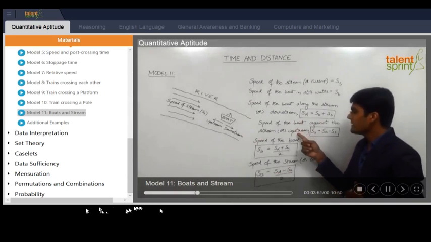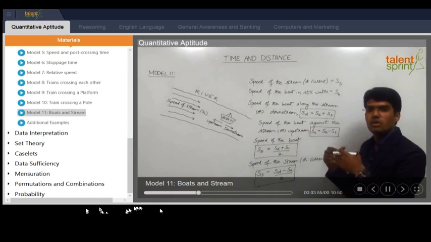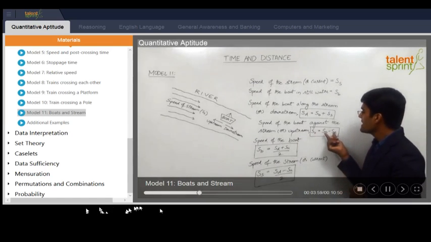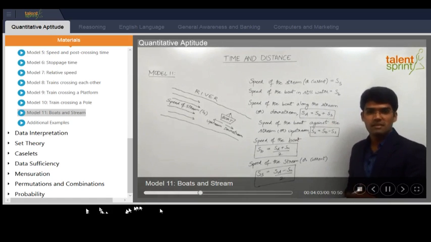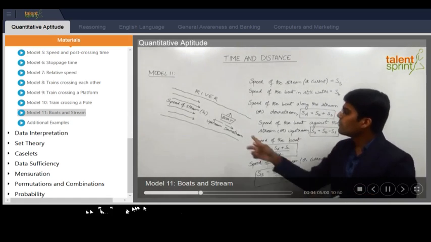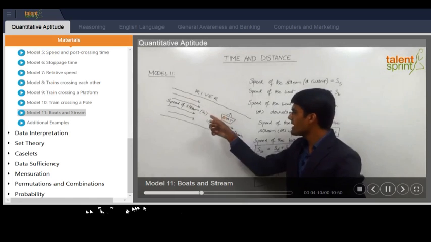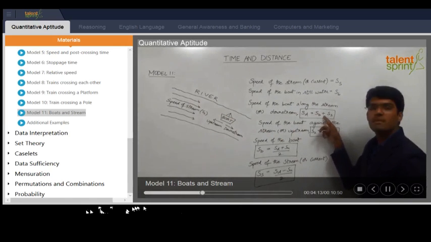But in this case, when the boat is moving upstream, that is against the flow of water, in the opposite direction, we have taken the speed as the difference of the speeds, which is quite opposite to the relative speed case. And similarly, when the boat is going downstream, that is when the direction of flow of water and the direction of the boat are the same, here we have taken the downstream speed as the sum of the speeds.